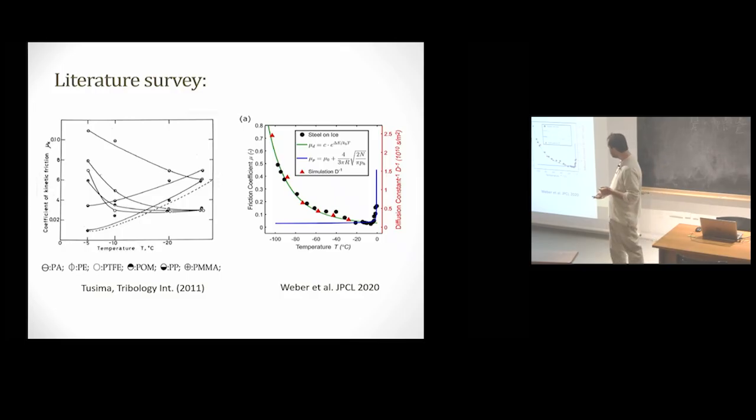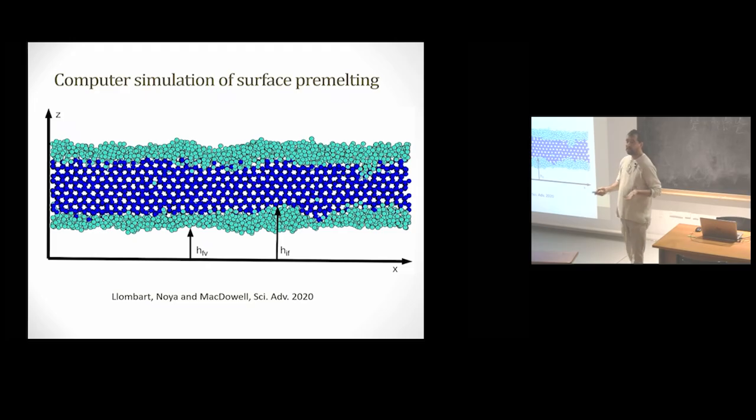Okay? So when I became acquainted with these results, this was 2017, was it? I think it was 2017 when I first saw a conference with this kind of results, and I got attracted to the problem. And I got attracted to the problem because I had just started my studies of ice pre-melting, surface pre-melting.